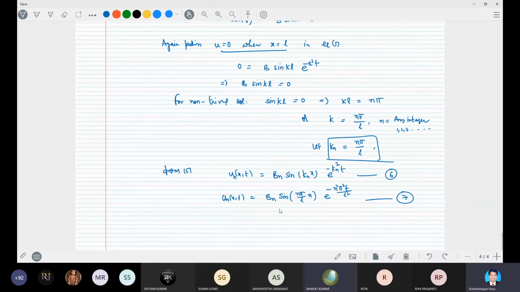Here n is equal to 1, 2, 3, any integer, right? Yeah, the solution is like that. There are n solutions, or an infinite number of solutions. So what will be the most general solution?